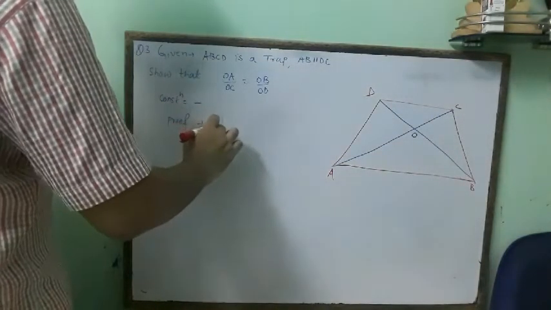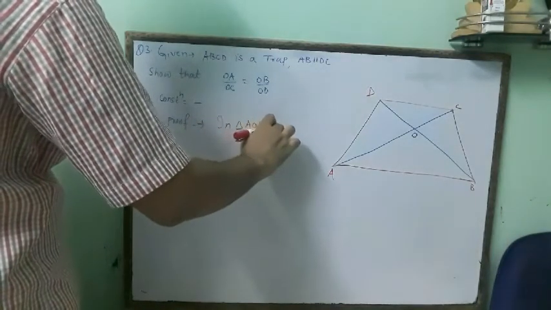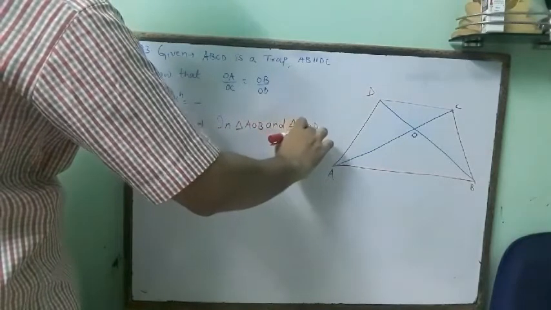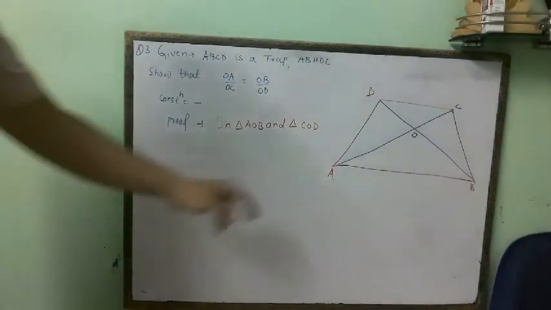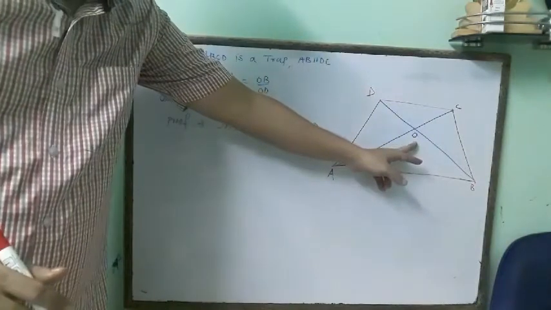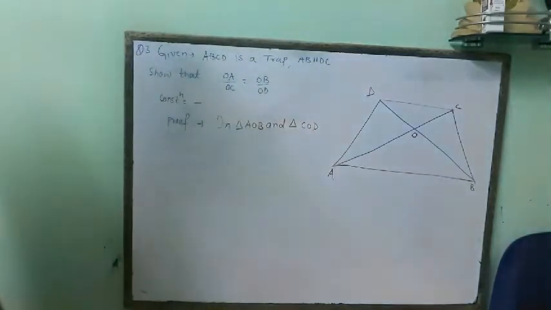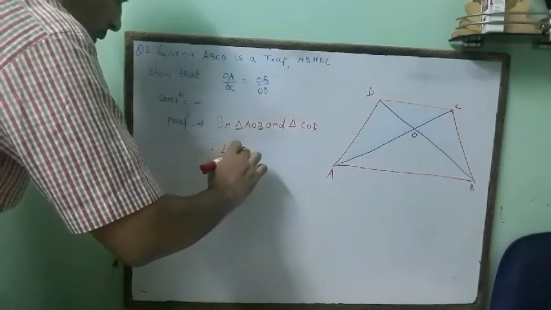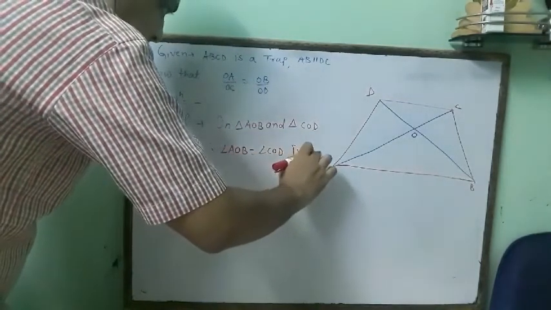So we will use triangle AOB, and the corresponding of A is C, so we will start with triangle COD. We have to show the similarity, so we need two angles equal. One angle is angle AOB equal to angle COD, vertically opposite angles. Since angle AOB is equal to angle COD, VOA.